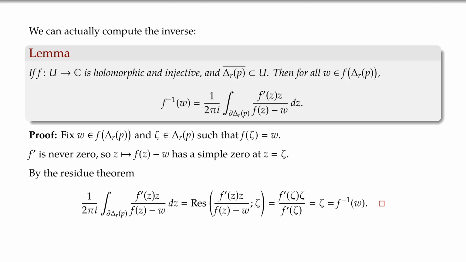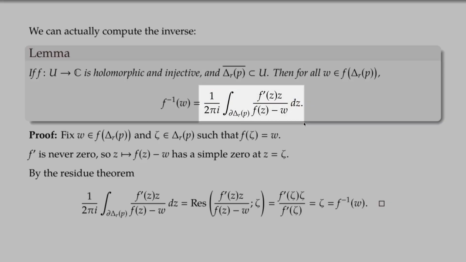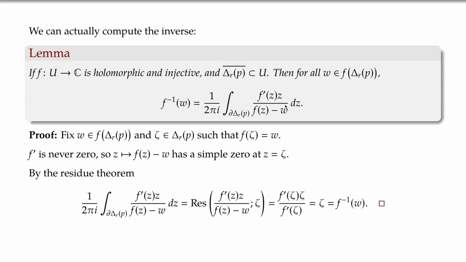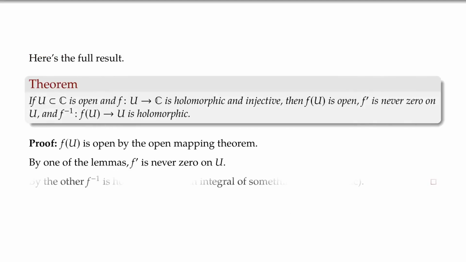You could take the w bar derivative and apply the Cauchy-Riemann equations in terms of w, and get that this expression has to be holomorphic in w, right? So that's why, in this last part of the proof, we get that F inverse is in fact holomorphic.